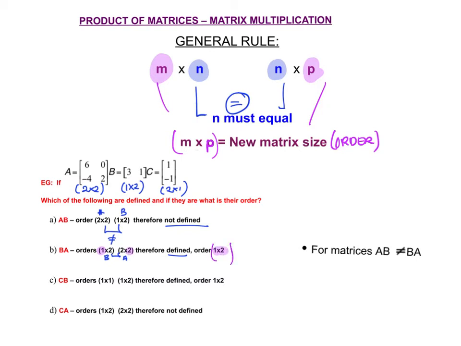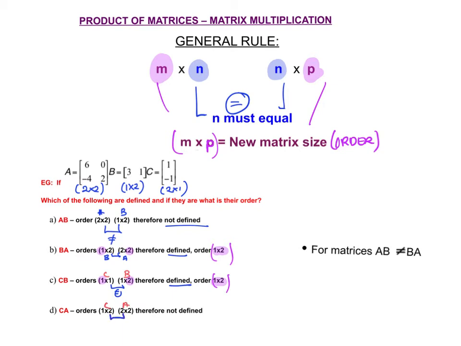1 by 2, yeah? If we look at this one, C times B, is this one defined? Yes, it's defined, and the order is going to be a 2 by 2. So you can see there, they've created the order. And then the last one, they've put C first and A second.